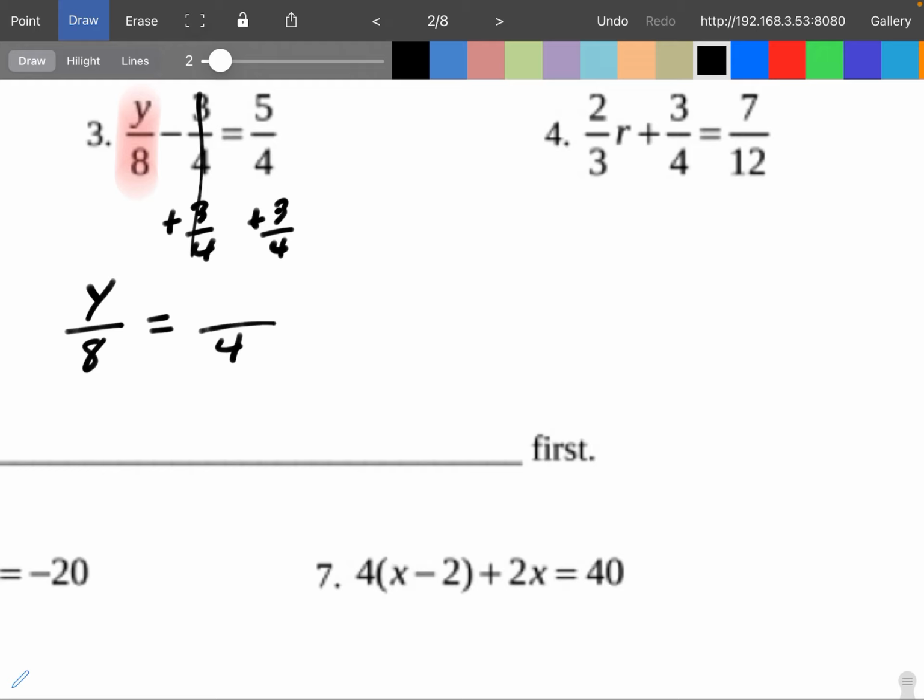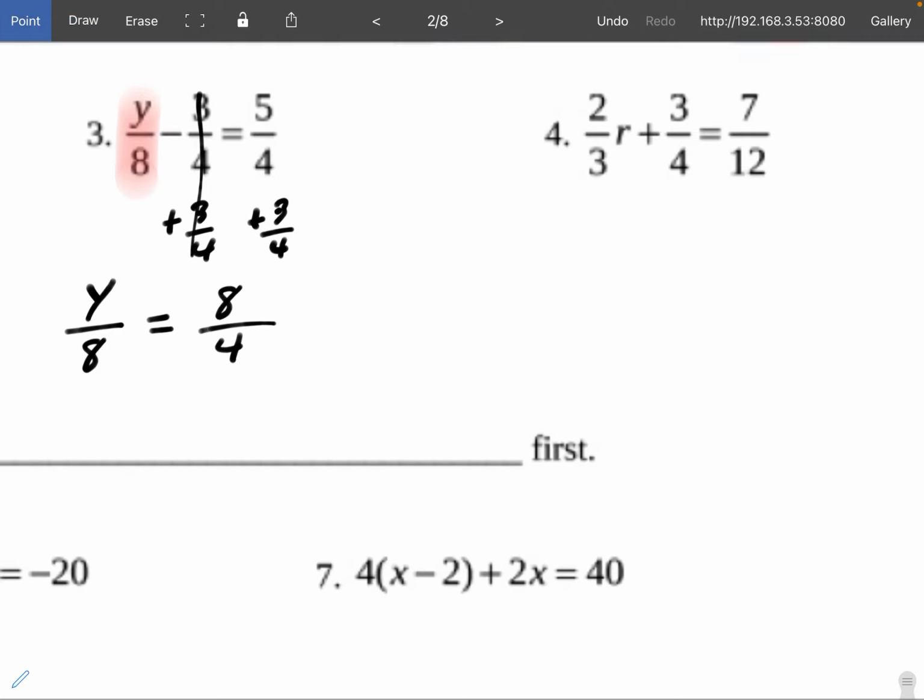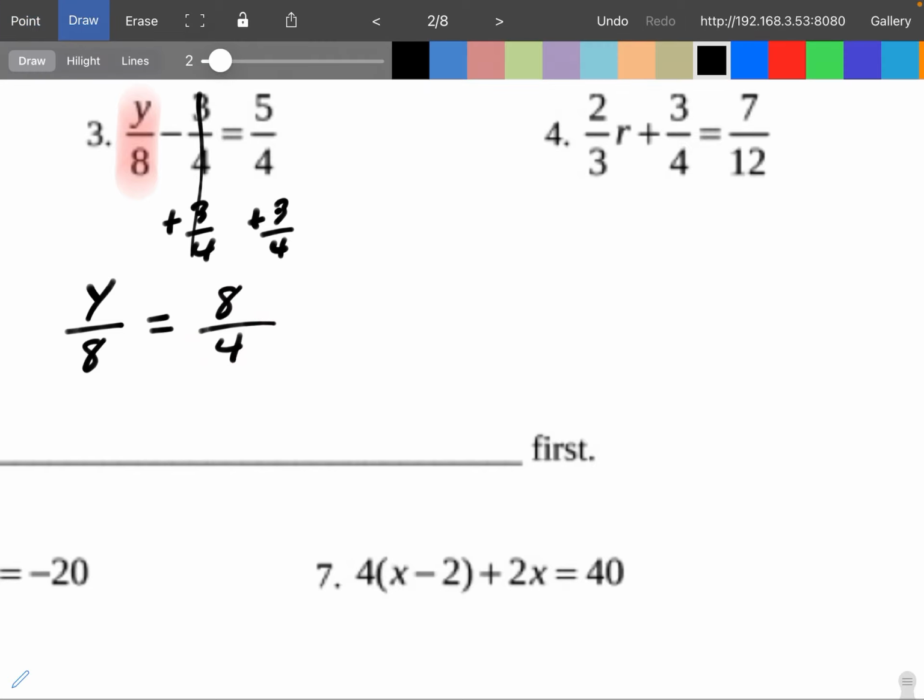You keep that. And then you just got to add the numerators, which are 5 plus 3. So what's that? That's 8. And then we might as well go ahead and simplify this fraction right here. So that's 8 divided by 4. That's 2, right?